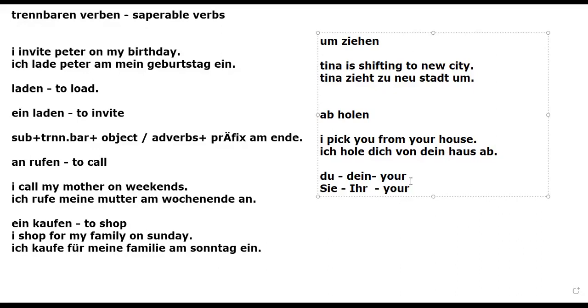I told you about mine. I gave one example of mine. Mine is a possessive article, and dein is in the same way. And we have two types of your. Clear?